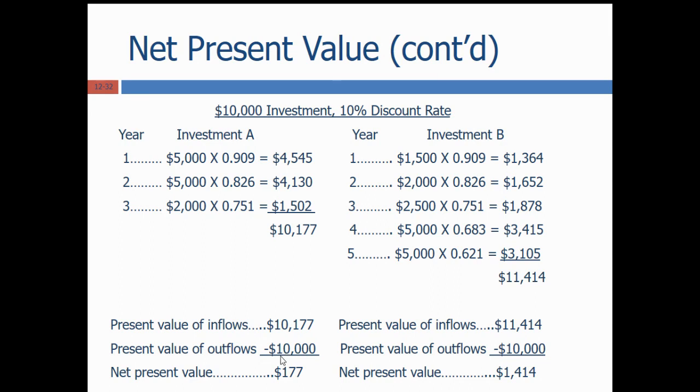You would be getting 177 for investment A. And for investment B, on the other hand, the same method: cash flow times the discount rate to get present value, add up all together and minus your initial investment, you get 1,414 as your NPV.